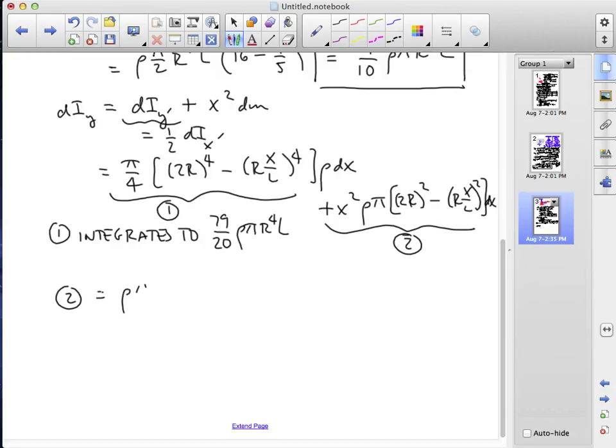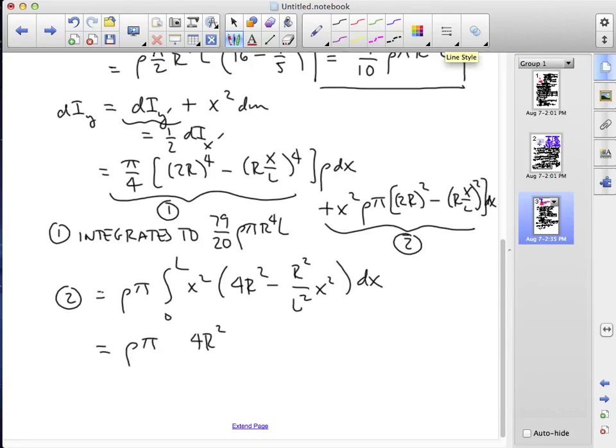Integrating that term, we have this expression which integrates to this.